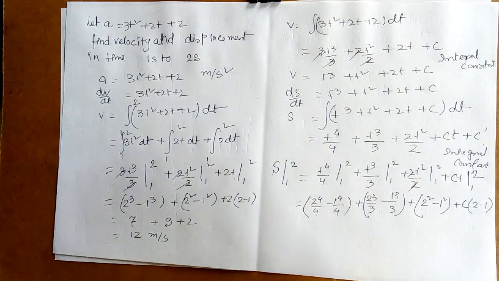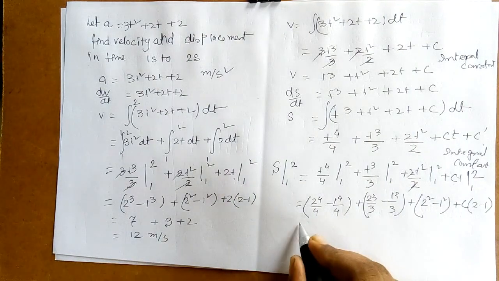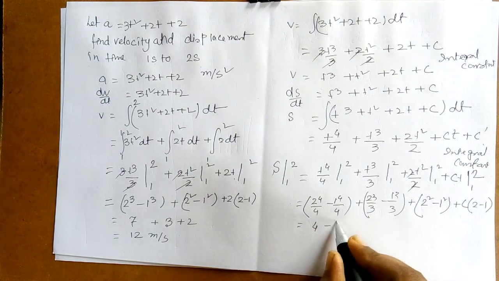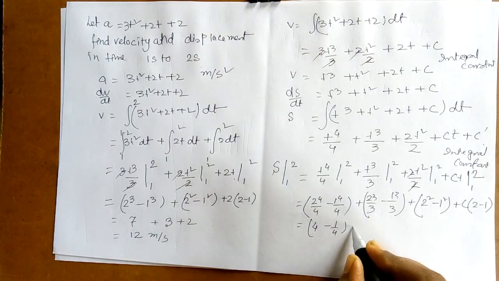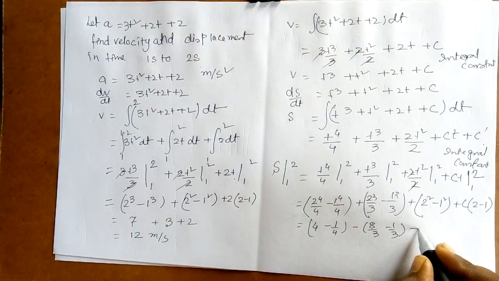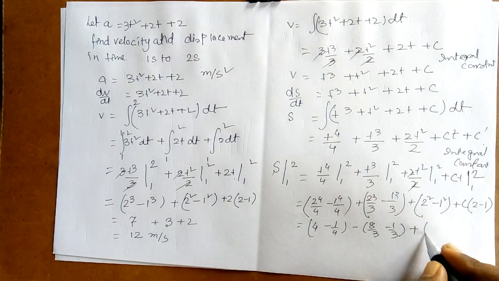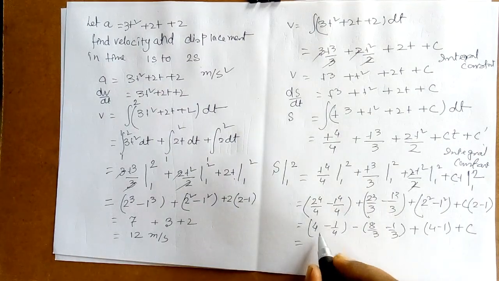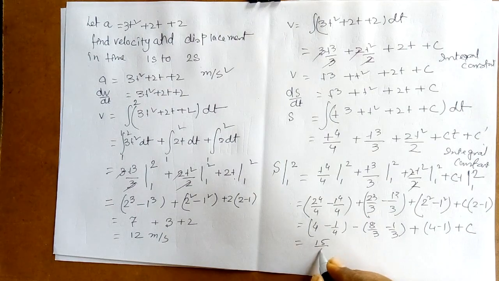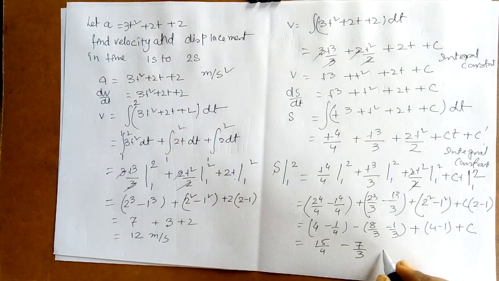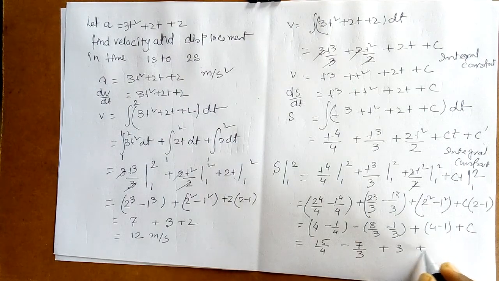Clear? 2 to the power 4 by 4 means 16 by 4, so it is 4 minus 1 by 4. 8 by 3 minus 1 by 3. And plus 4 minus 1, plus c. So 16 minus 1, 15 by 4, 7 by 3, plus 3, plus c.